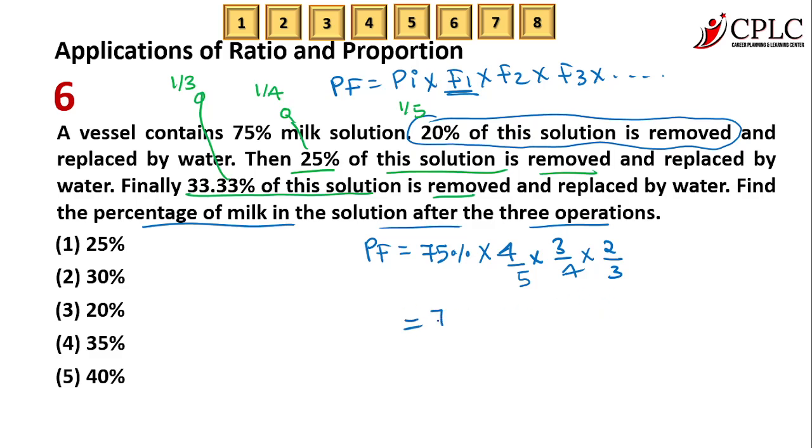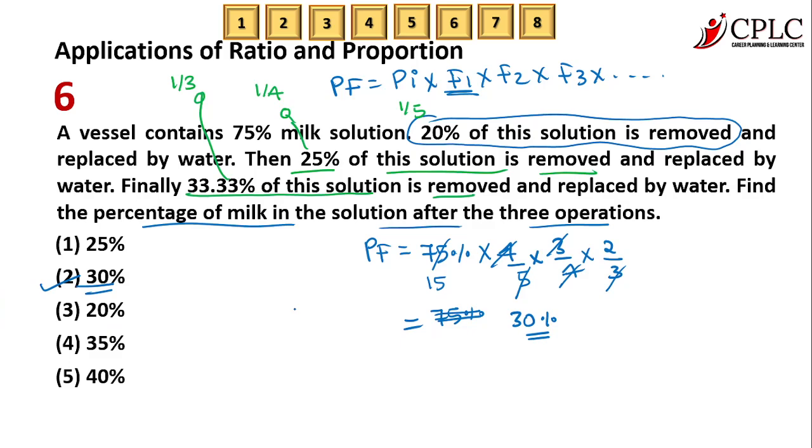So let's do the calculation now. 75% into, so 5 15s are 75, and then 4 gets cancelled, 3 gets cancelled, so 15 2s are 30% straight away as the answer, which is answer option 2.